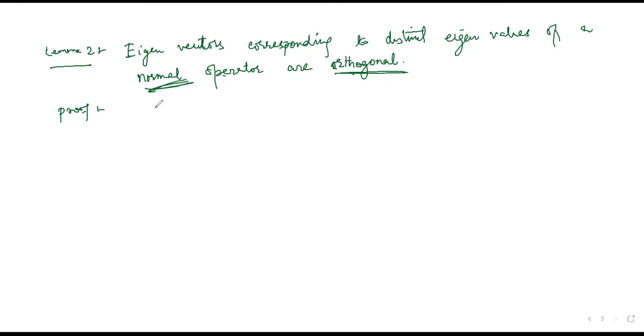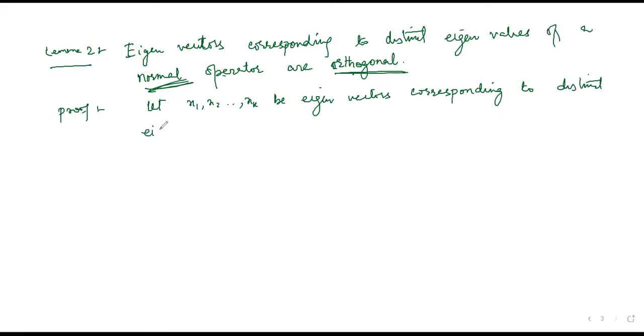It's again very simple. Let x1, x2, up to xk be eigenvectors corresponding to distinct eigenvalues lambda 1, lambda 2, up to lambda k of T, where T is the normal operator.